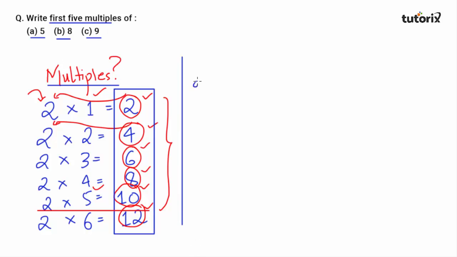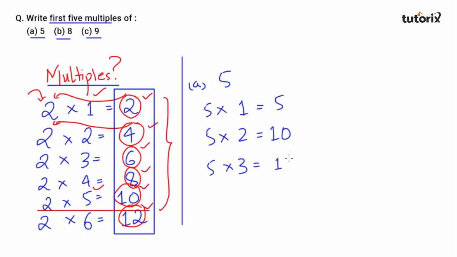The first one here is, of course, 5. So what we do is we write the tables of 5 from 1 to 5. So 5 into 1 is 5, 5 into 2 is 10, 5 into 3 is 15, 5 into 4 is 20, and 5 fives are 25. So what are the multiples of 5 here?